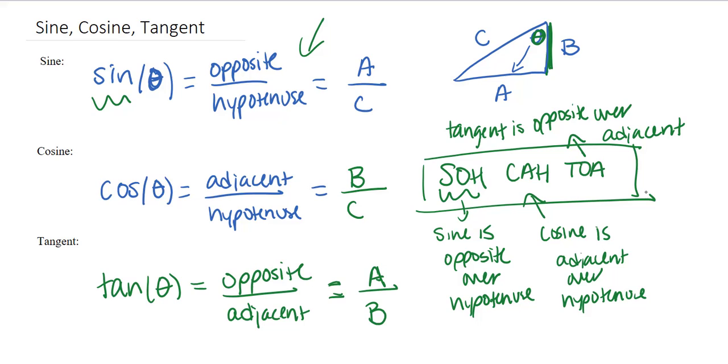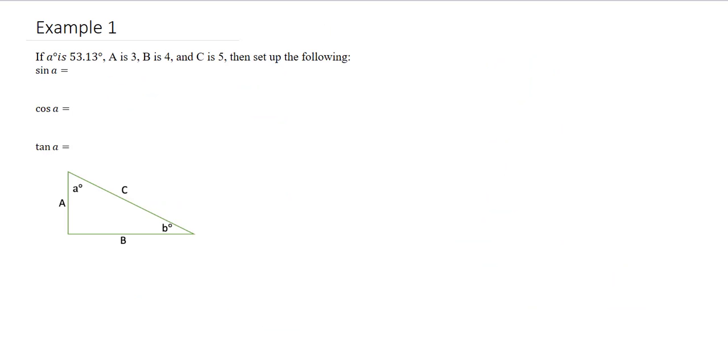So let's go over some examples to apply all of this. Example 1: if angle A is 53.13 degrees, and A is 3, B is 4, and C is 5, then let's set up the following. This is just to help clarify a little bit more.